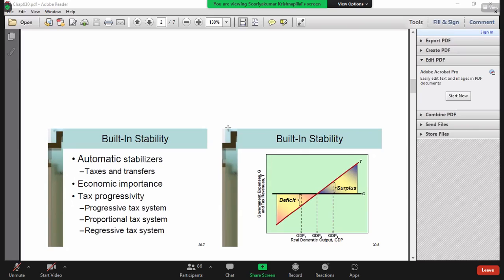So the active fiscal policy is important. Government actively increases the expenditure or reduces the tax. A certain portion of the recessionary or inflationary GDP gap can be adjusted by this automatic stabilizer, the passive fiscal policy, but not all.